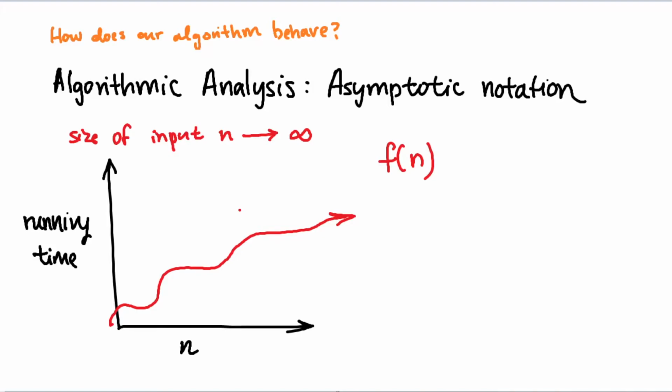The issue with understanding the exact running time of our algorithm is that the more complicated our algorithm becomes, the more complicated it becomes to represent it. So what exactly do I mean by that?